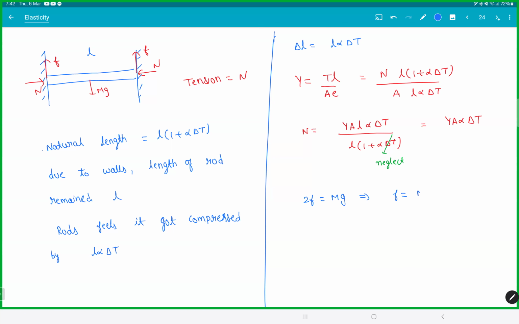Therefore, friction must be equal to mg by 2. But friction must be less than or equal to mu into N since it is not slipping. So mg by 2 is less than or equal to mu Y A alpha delta T. Therefore, the change in temperature must be greater than or equal to mg by 2 mu A Y alpha. It should have at least this much change in temperature.